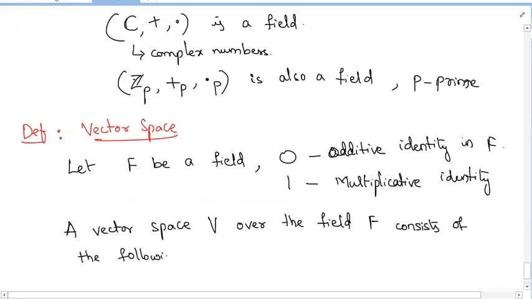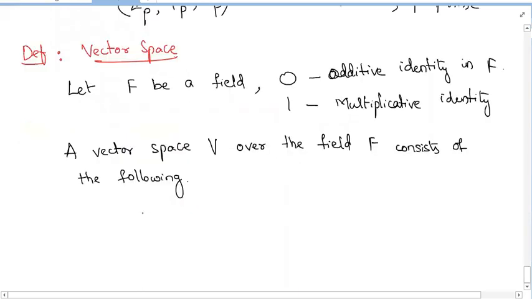A vector space over a field consists of two things. One is a non-empty set V.